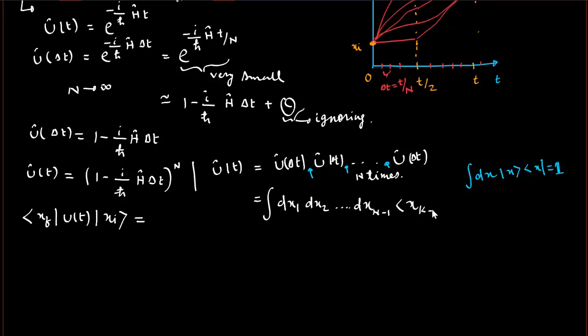Okay, plus for all of this equation we will get x_{k+1} u of t. This is the nth term, right?